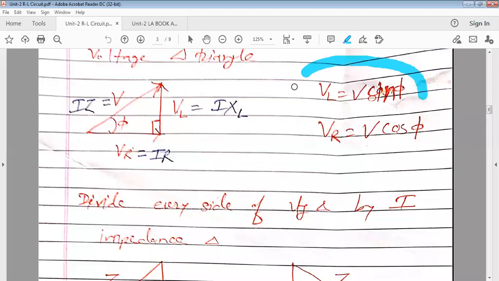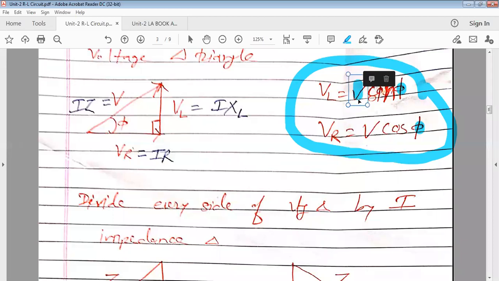Sometimes the instantaneous voltage and current equation is given to you. Observing that equation, you can find out phi. If the supply voltage's instantaneous equation is given, meaning Vm, you can calculate Vrms.